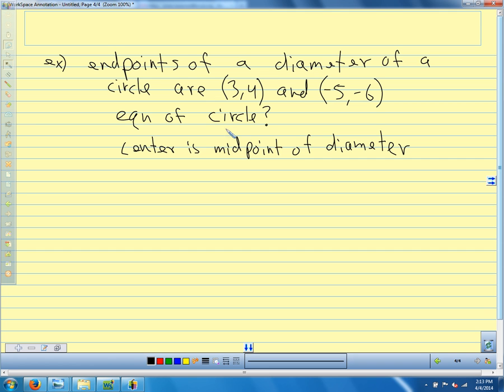The center is the midpoint of the diameter. How do we find the midpoint between 2 points? We could use the distance formula, but there's a nice easy way to do it. (x1 plus x2) divided by 2.